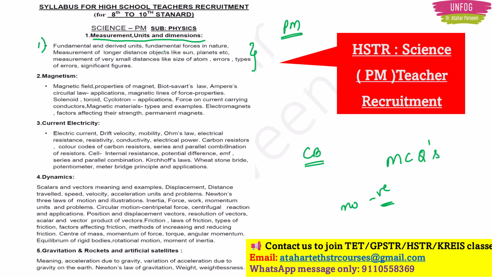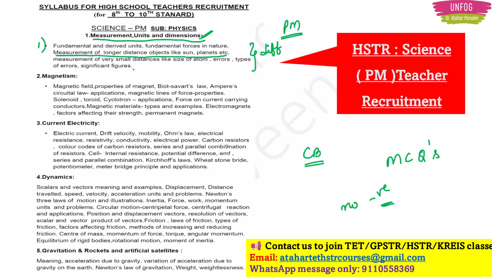Only one line is matching here, measurement of longer distance objects like sun, planets, etc. Only so much is matching with GPSTR. The rest is all different in HSTR, and it is up to PUC second year level, because they are talking about dimensions also. This is very important.